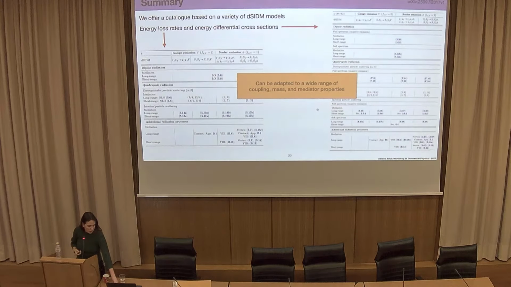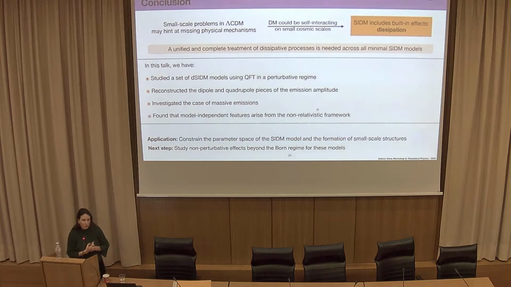In general, to conclude and give the big picture, there is some discrepancy in the small-scale problems of Lambda CDM that could be, or not, a hint at some missing physical mechanism. This is a perfect motivation to imagine that the dark matter could be self-interacting on smaller scales, and in that case you have interesting effects such as dissipation.